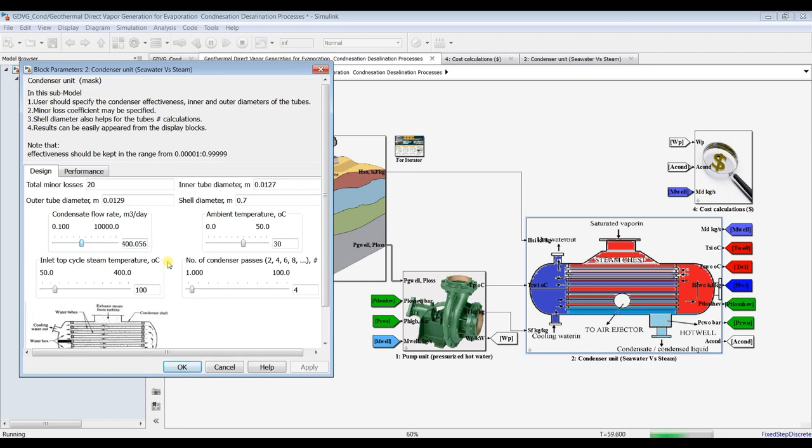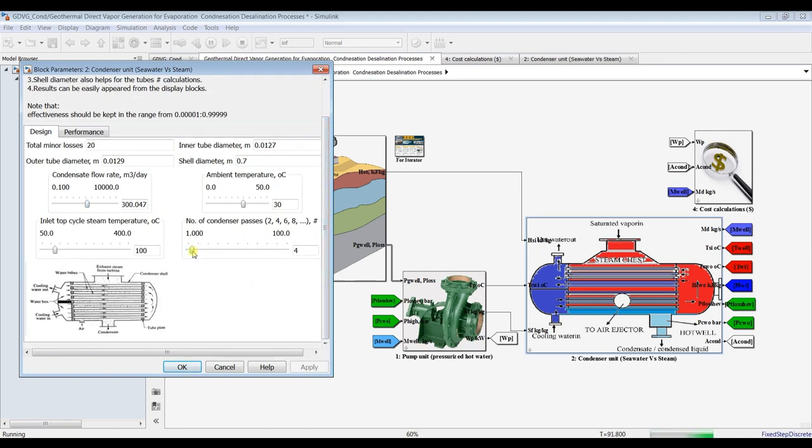Number of passes in the condenser, 8 passes. Top steam cycle temperature, I am going for, suppose, up to 150.